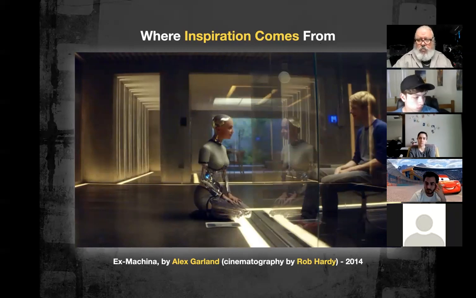In this scene, this young man, played by Domhnall Gleeson, comes in as a test subject for the AI robot on the left, and his purpose is to talk to her and decide whether or not she demonstrates true artificial intelligence or whether she's just replicating complex thought patterns.